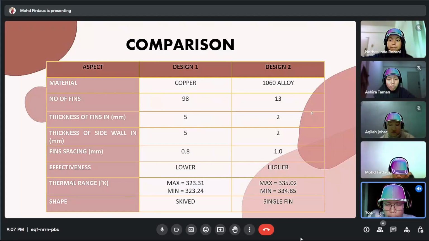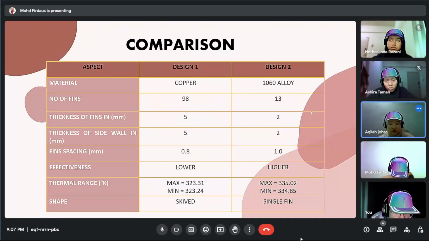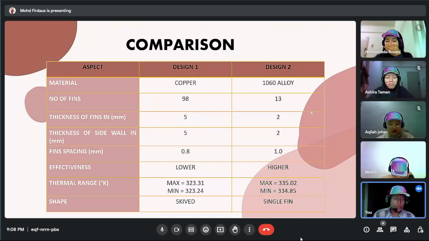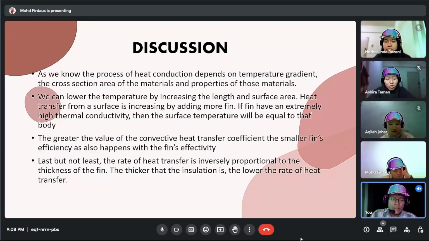The maximum of design 1 is 323.31 and the minimum is 323.24, a range of around 0.07. Then for design 2, the maximum is 335.02 and the minimum is 334.85. The shape for design 1 is teeth, and design 2 is a single fin, as you can see from the design. Then we move on to the next slide.